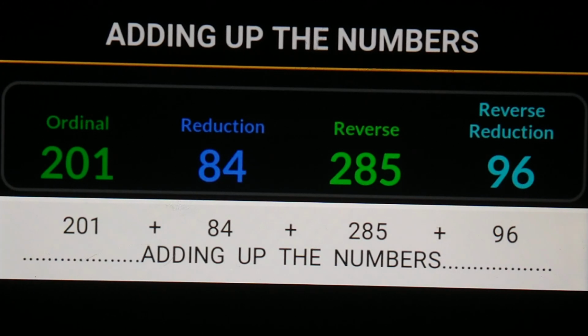In reduction, it equals 84. In reverse, it equals 285. And reverse reduction, we have 96. So adding up the numbers, 201 plus 84 plus 285 plus 96. Again, we have the 666.